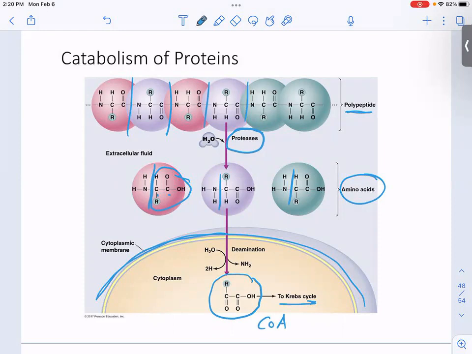So you don't get the substrate phosphorylation or the electrons coming off of glycolysis. They enter right into the Krebs cycle. And this amino group, what happens to it? It will usually become ammonia in the cell. And what do you know about the pH of ammonia?